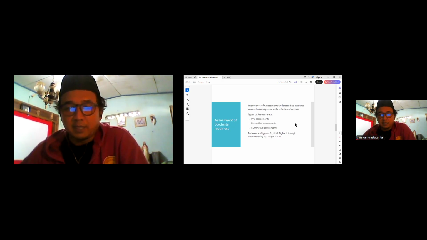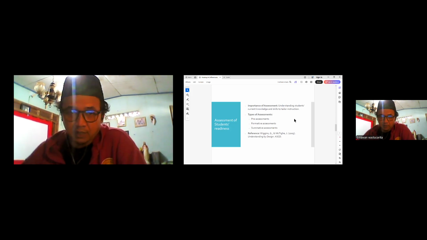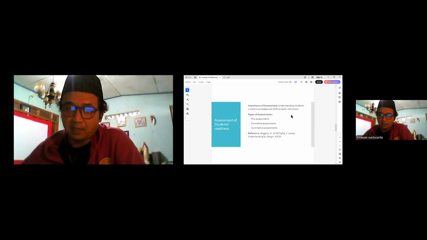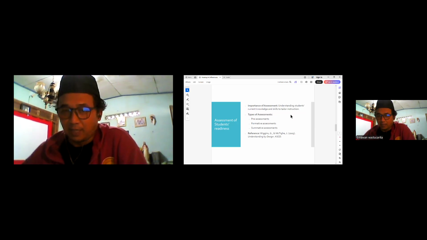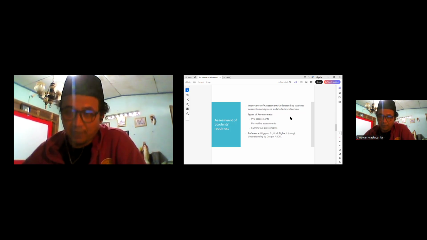Some important assessments, understanding students' current knowledge and skills to tailor instruction. So this is the ongoing assessment. Why? Because we have to understand the students' current knowledge, sampai di mana pemahamannya, and the students' current skills, sampai di mana keterampilan yang dimilikinya, to tailor instruction, untuk kemudian disesuaikan dengan pengajarannya.